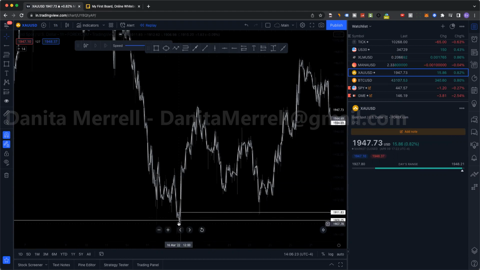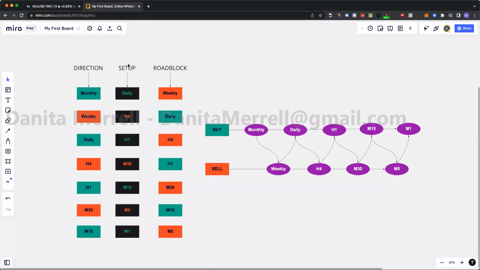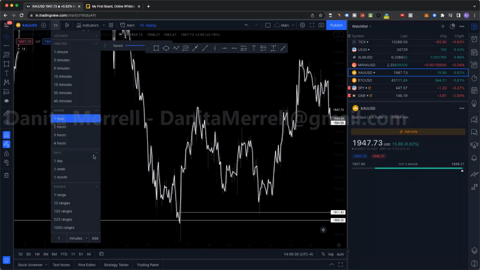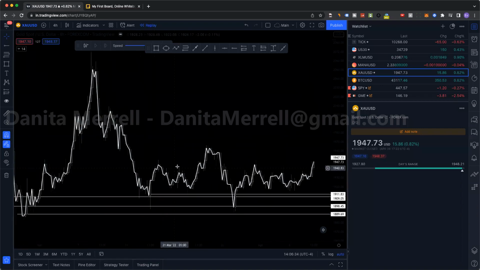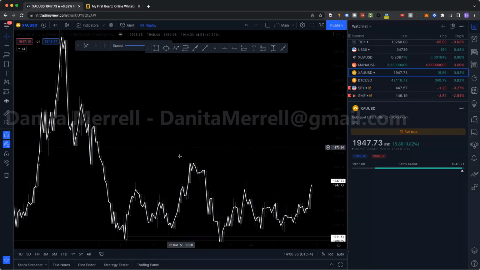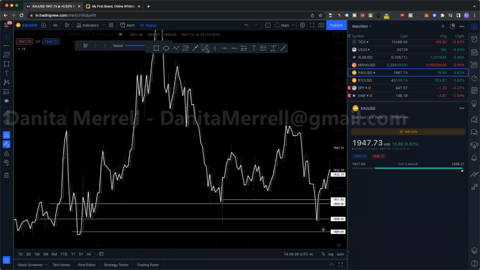Okay, so your H1 breaks out. What do we need to look for on H1 breakout? H4. H4 had been broken out right here.